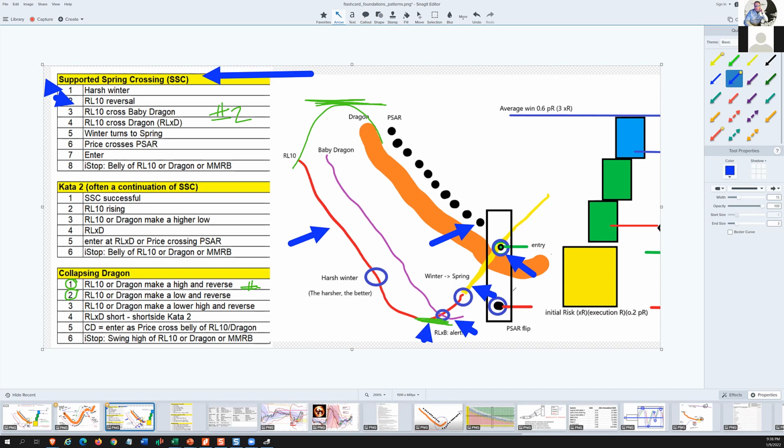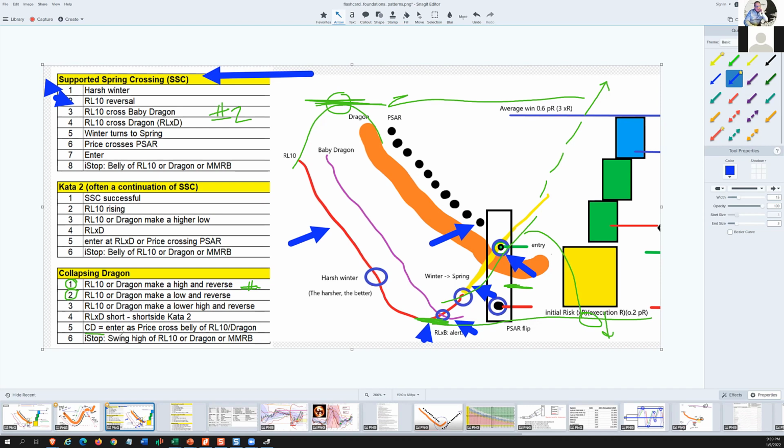The RL10 or the dragon make a low, and they're reversing and going back up. But then instead of following through and taking out the previous high, instead it starts to fail. And then it comes down through this belly of the RL10, and then that's your collapsing dragon.